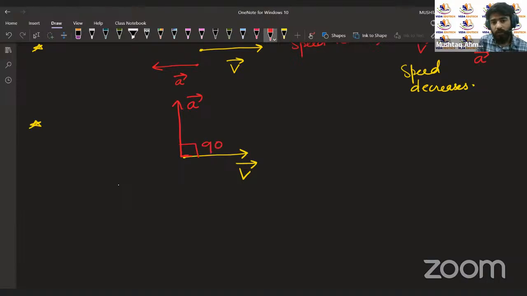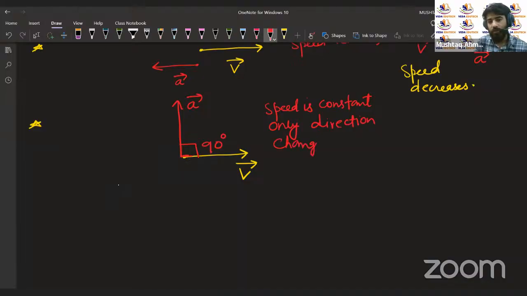Then speed is constant. Speed does not change. Only direction changes. So this acceleration will be responsible for changing the direction. So the velocity will change because the direction will change, right?